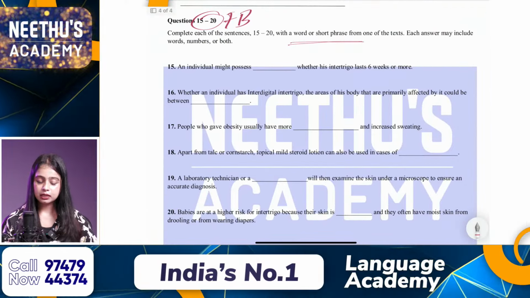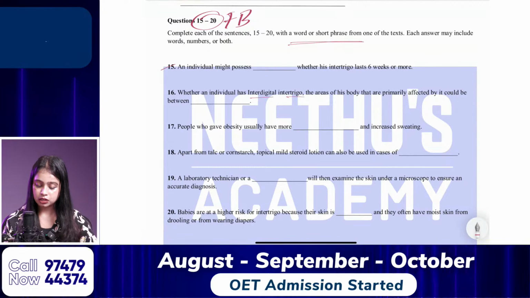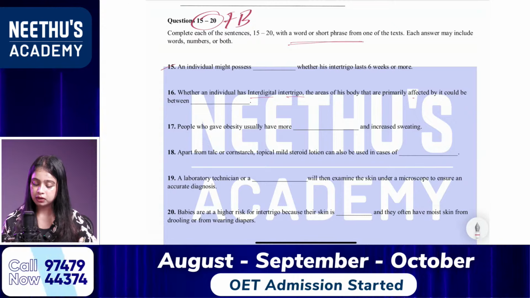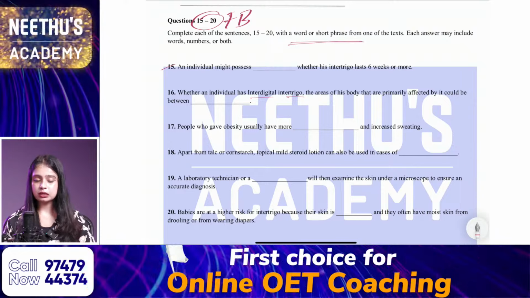Then 16th one. Whether an individual has interdigital intertrigo, the areas of his body that are primarily affected by it could be between dash. What about the 16th one, guys?